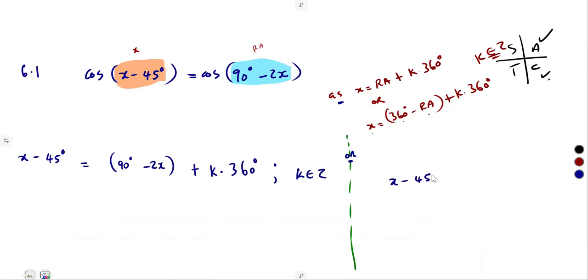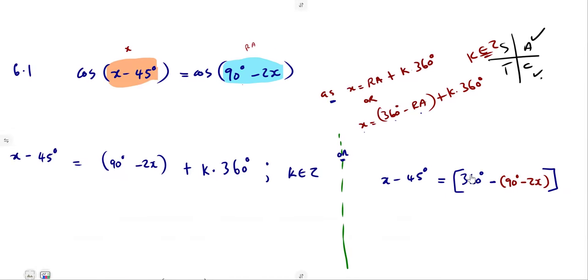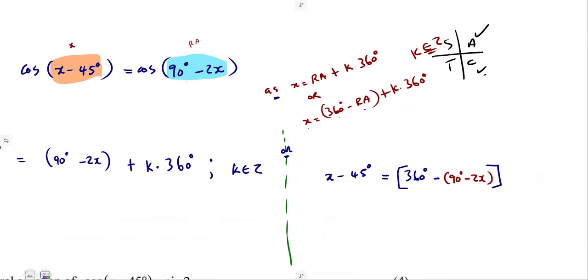So x minus 45 degrees is equal to 360 degrees minus the reference angle, which we said is 90 degrees minus 2x. But do not forget to add k times 360.